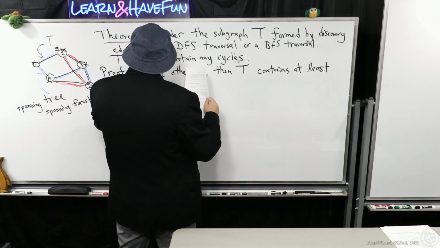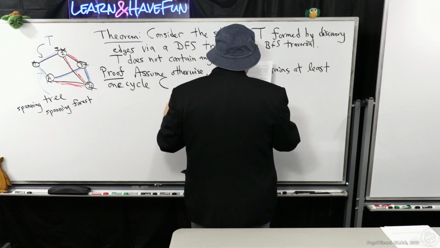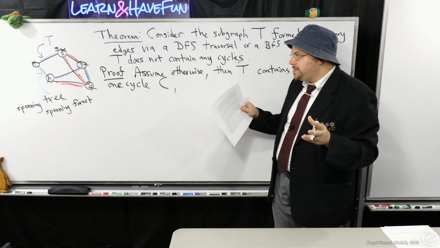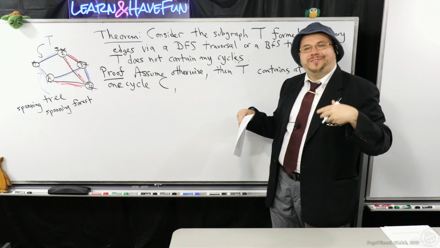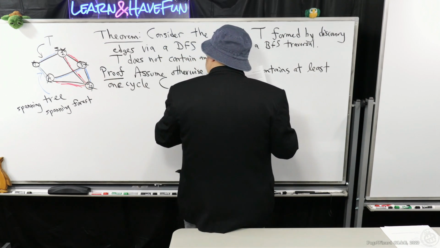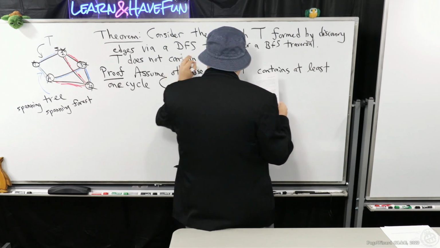I'm going to give this cycle a name. I'll call it C. Now, what kind of edges is the cycle comprised of? It's comprised of forward or discovery edges, right? That's what it has to be because it's a part of T.